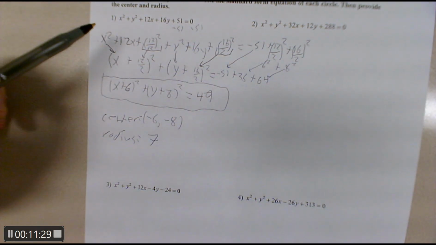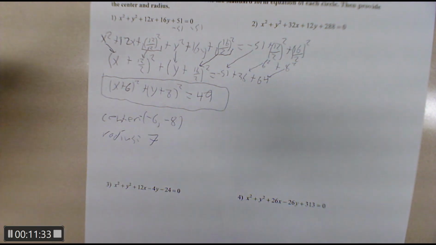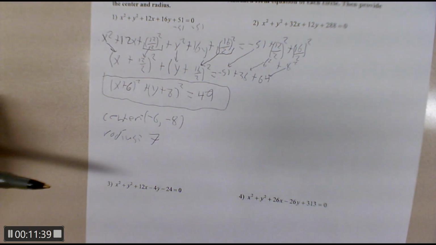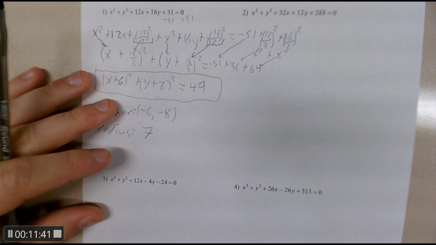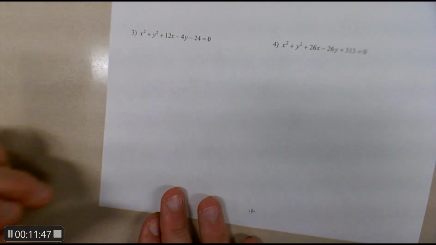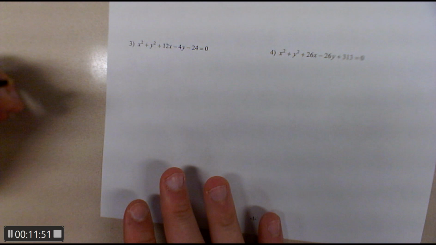So we're going to walk through number 3 together, and then we can do the rest of them on our own, and I'll show the answers. So yeah, number 3, first step, always is to group and to move things to the other side.